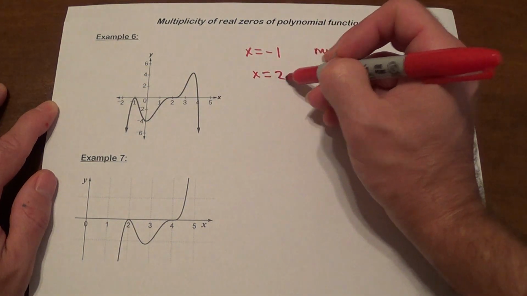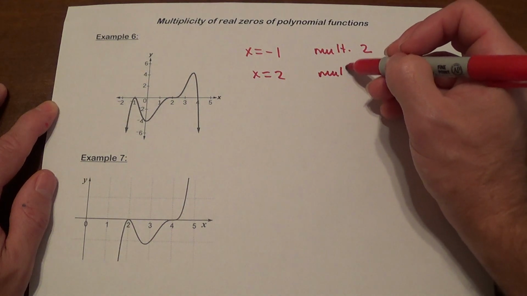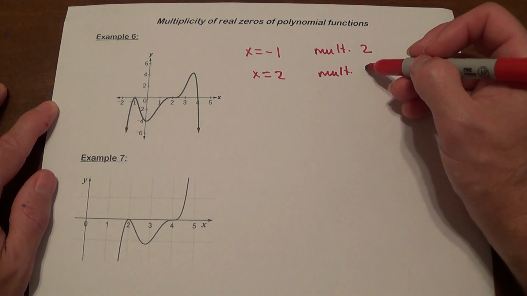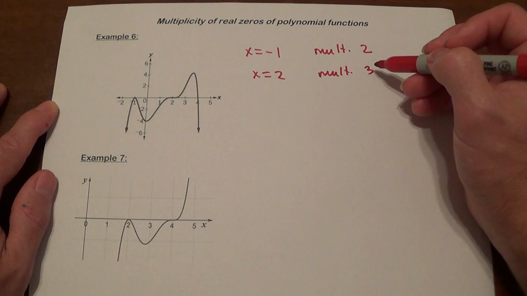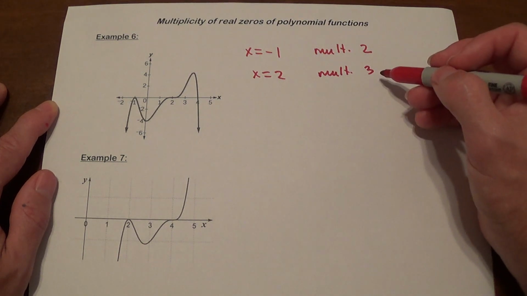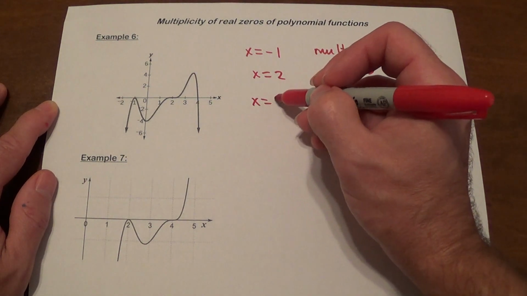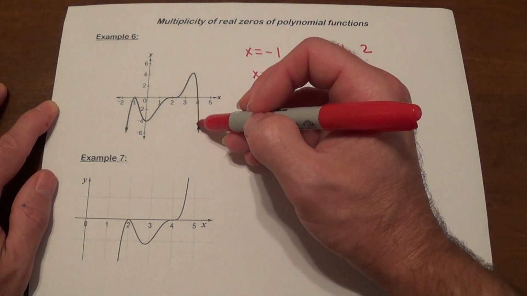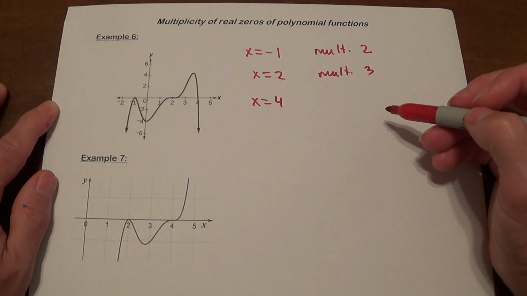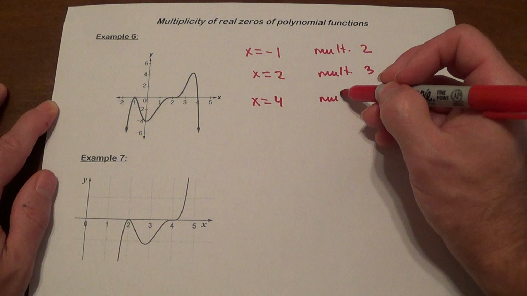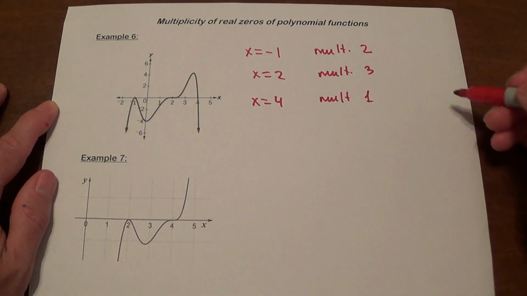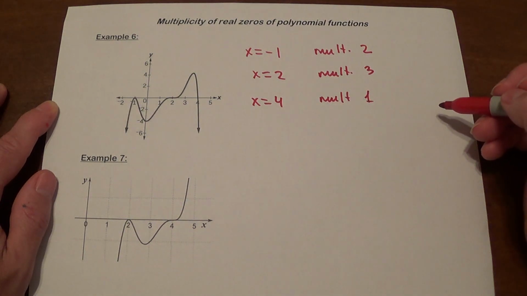So at x equals 2, that means multiplicity is going to equal 3. At least 3, possibly 5. And finally at x equals 4, the graph cuts through the x-axis. That means multiplicity here is going to be 1. Okay.